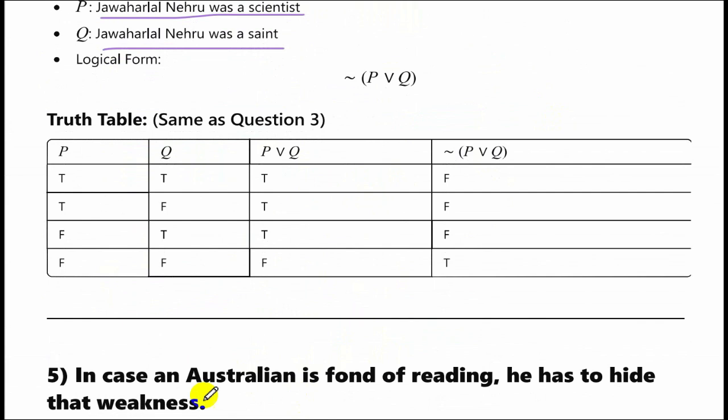Okay. Next, in case an Australian is fond of reading, so Australian is fond of reading is P. He has to hide that weakness, he has to hide that weakness is Q. What it means is, if somebody is an Australian and is fond of reading, then he has to hide that weakness.